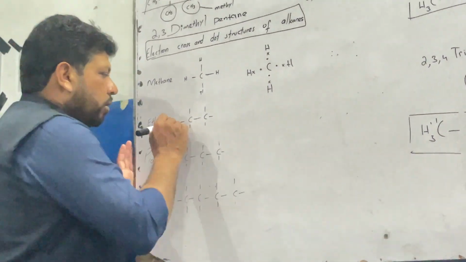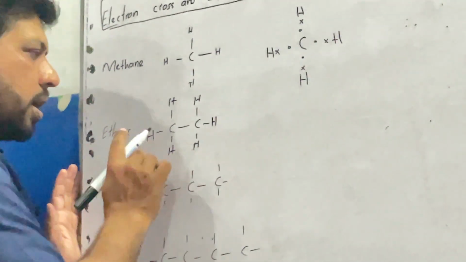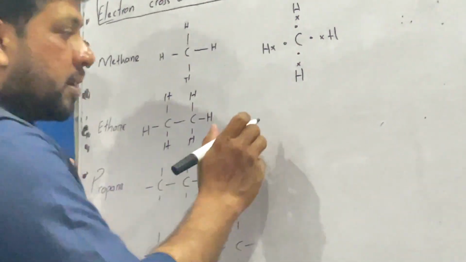Okay, look at another example. It is known as ethane, because it consists of 2 carbon atoms.